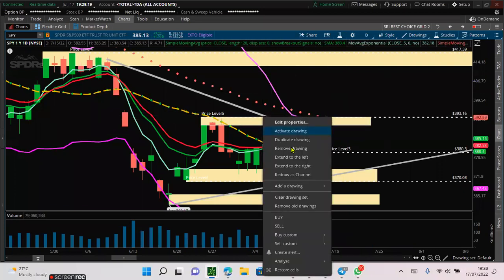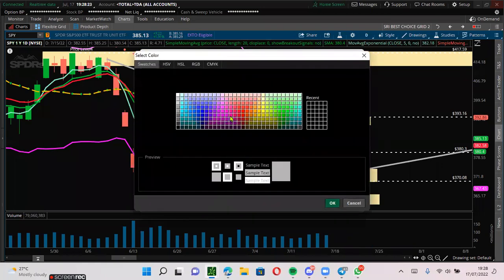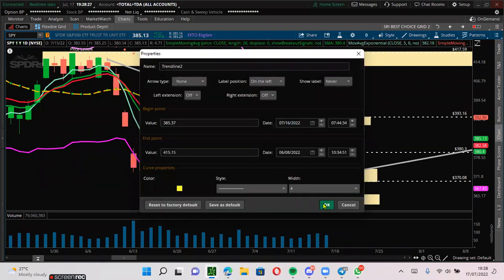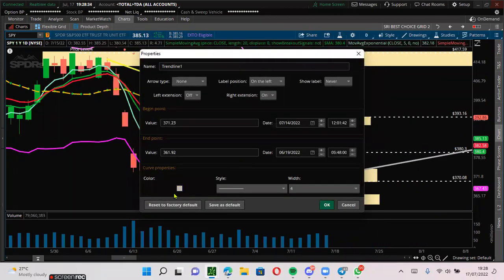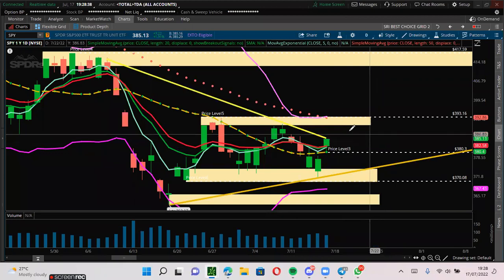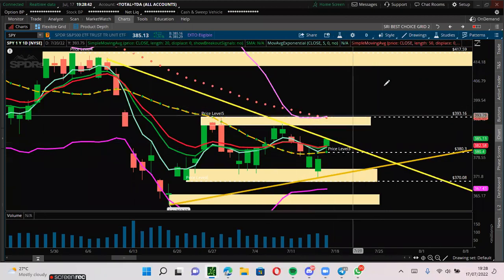I'll change these colors to something else, so maybe I'll change it to yellow. If you look right now, I'm just extending to the right.